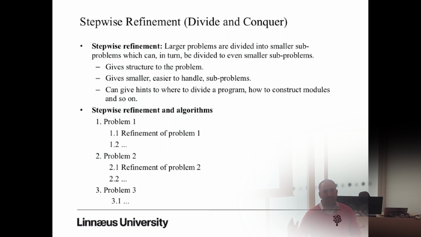So if you have a big problem, for example 10 tasks in an assignment, instead of doing all 10 tasks at a time, maybe you can say, okay, today I will do only just one task.